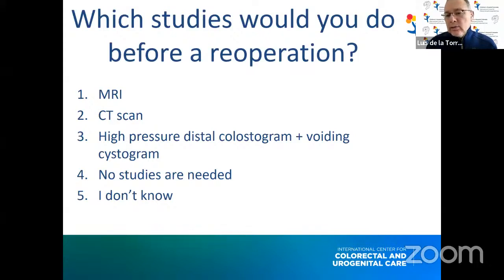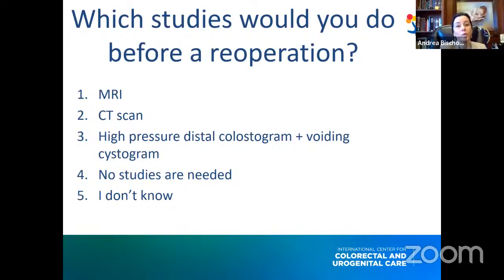What was wrong during the first operation, and how to avoid this complication? Yes, I was not there, but I can tell what are the common mistakes. The common mistake is when you pull under tension and with poor blood supply.